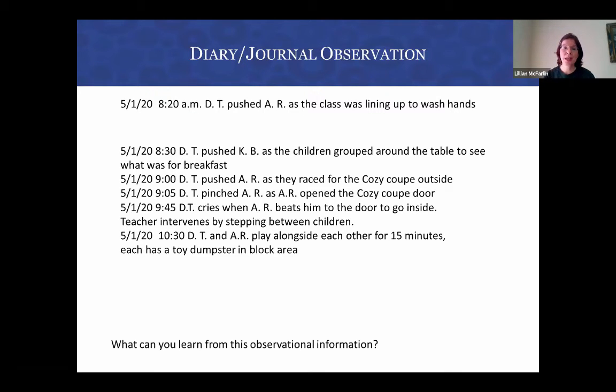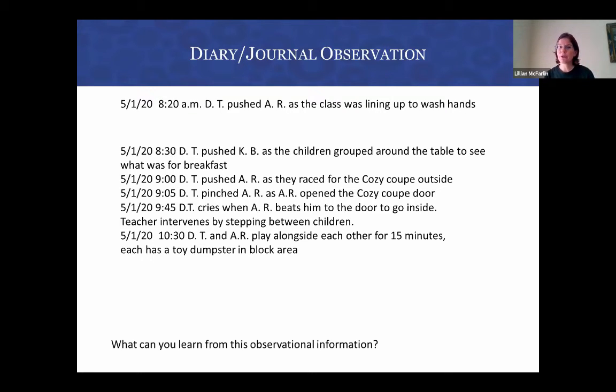Or it could be that DT in particular likes to be near AR for whatever reason that is. So it's good to know. And this is the kind of thing that leads a parent, so you're not sharing this information out with all your families, right? But if AR's parent comes to you and says, DT is bullying my child, and you're like, no way.